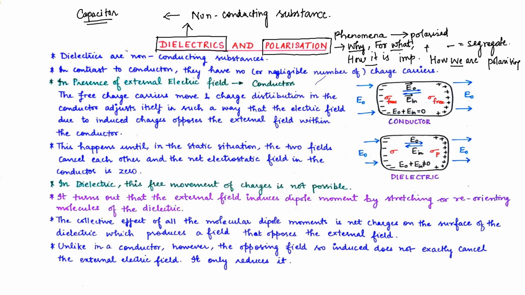Dielectrics are the non-conducting substances. They do not conduct any electricity, and the difference between a dielectric and a conductor is as seen: a conductor is able to conduct, whereas a dielectric does not have the property of conducting. Now in these dielectrics we will look at how they are getting polarized and how they are important, because dielectrics have the property of getting polarized.